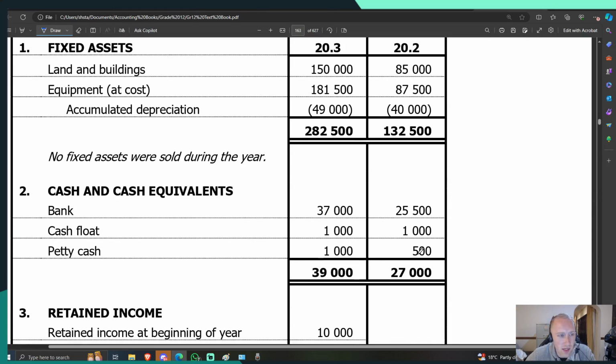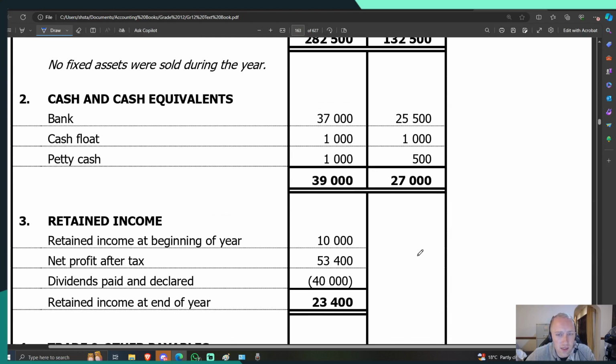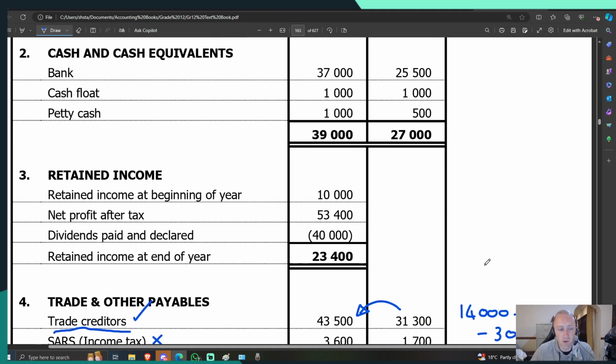Let's start by looking at all the dividends that we declared this year, or paid, declared, however you want to phrase it, all of the dividends that we told our shareholders they would get this year. So, in the middle of the year and at the end of the year together, we told them they would get 40,000 rands worth of dividends. We can see it in the retained income note to the balance sheet. Note 3. There's dividends declared and paid.